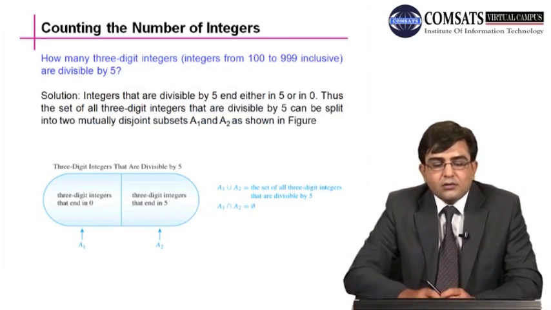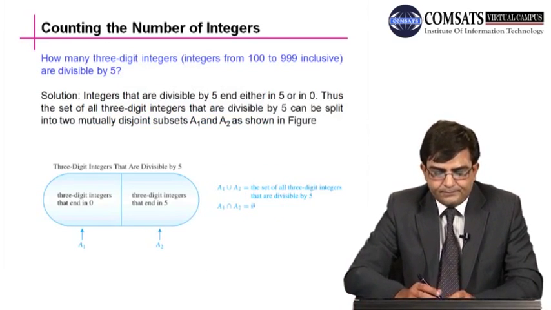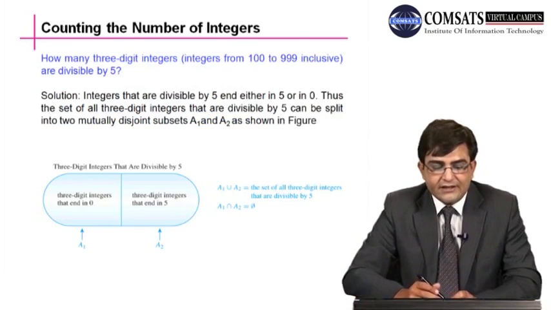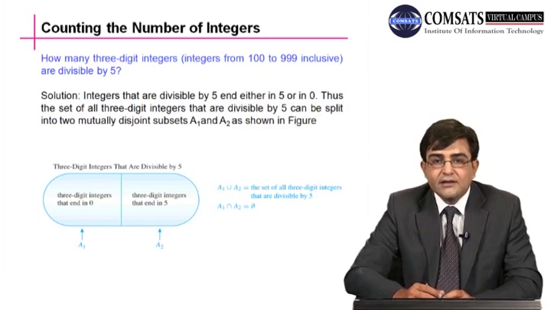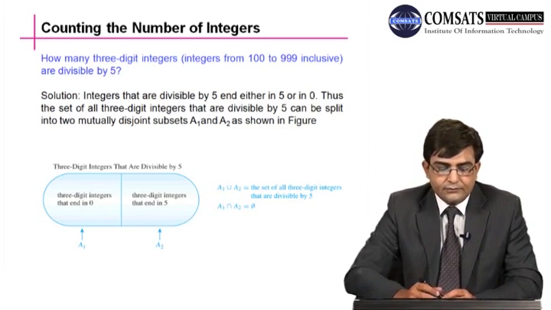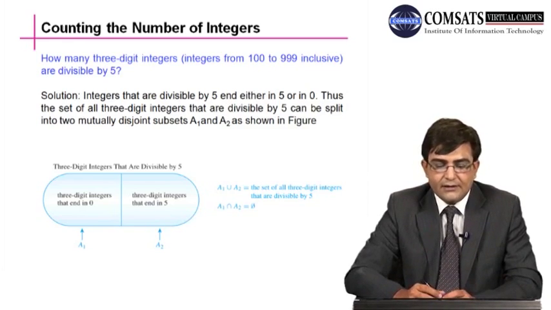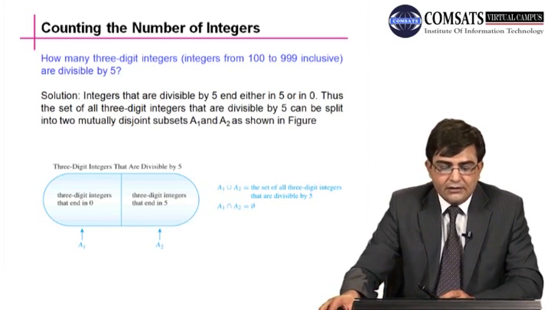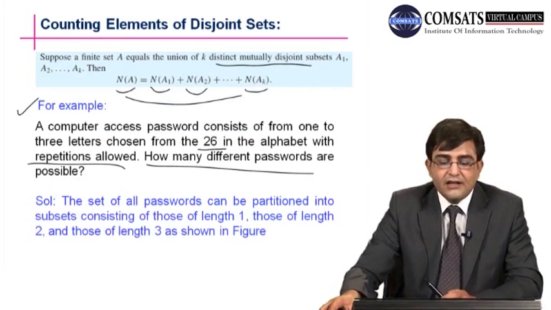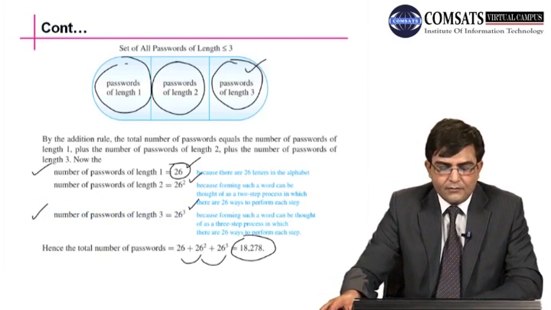So next, counting the number of integers. We have already discussed this example, but here we again calculate it. I shall give you the solution of this example by using this definition, counting elements of disjoint sets.